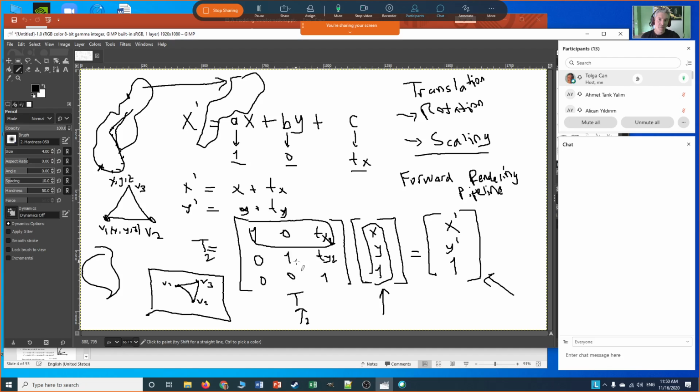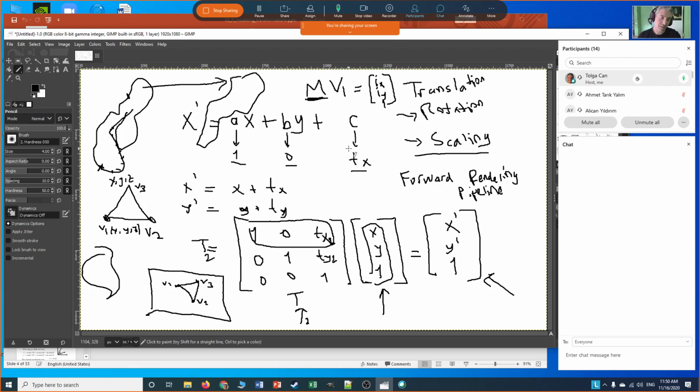This question will be answered with just this. We will find the matrix, we will multiply it with V1, and it will give us the coordinates on the image plane. The image X, image Y coordinate is going to be given to us by multiplying.